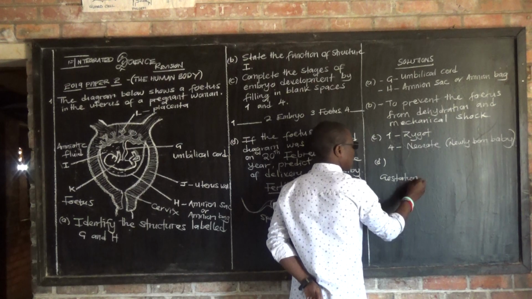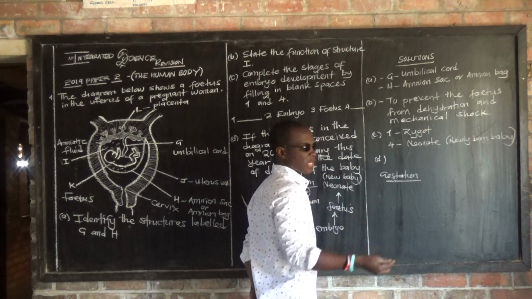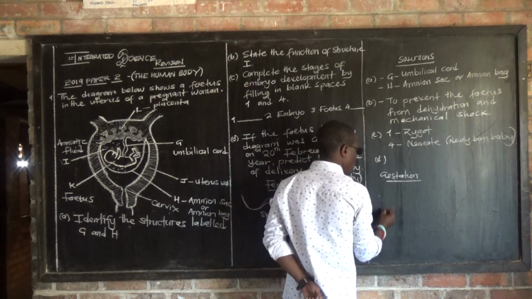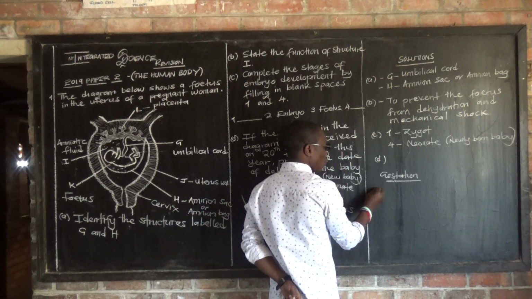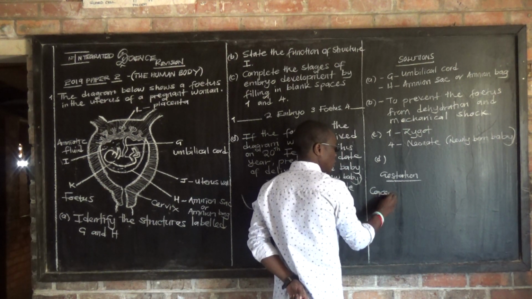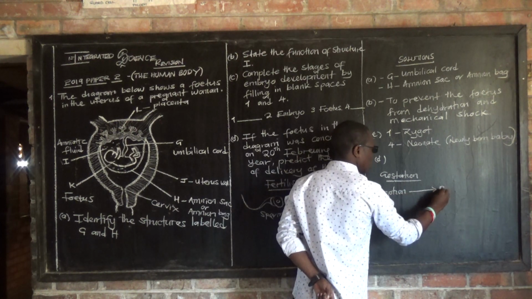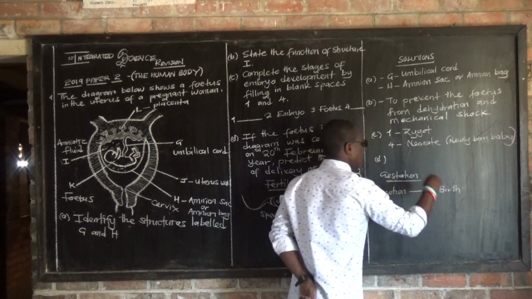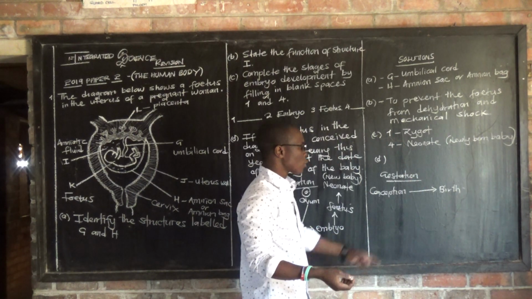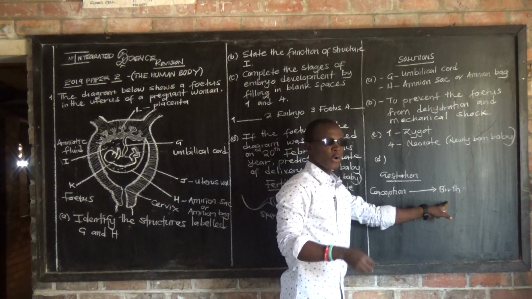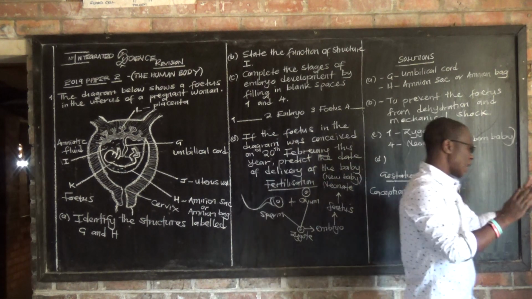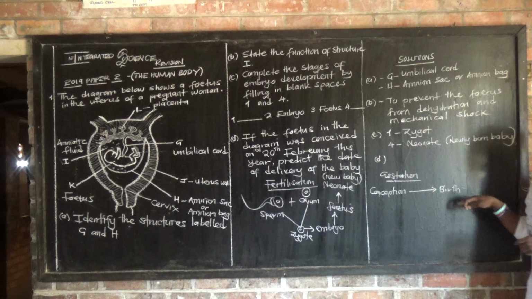Gestation is the length, or period of time, from conception to birth. Or you can say the length of time from fertilization to birth.